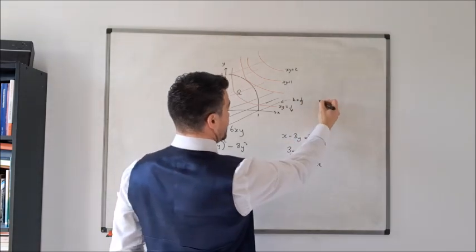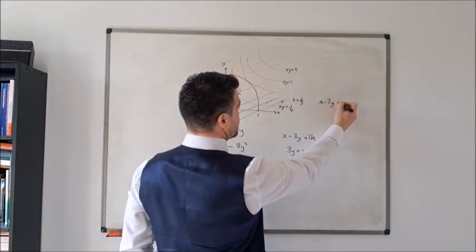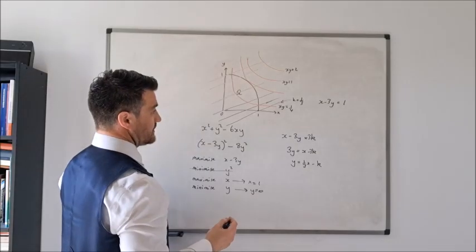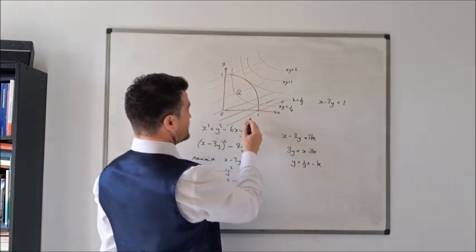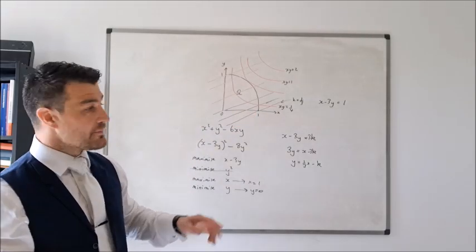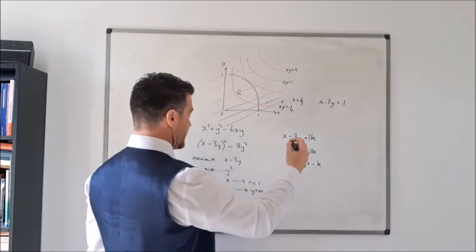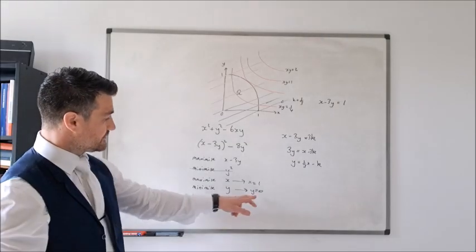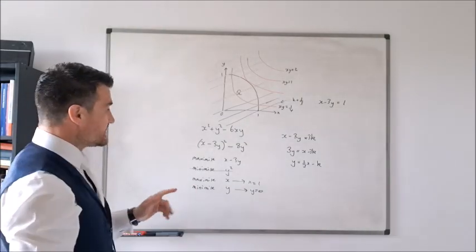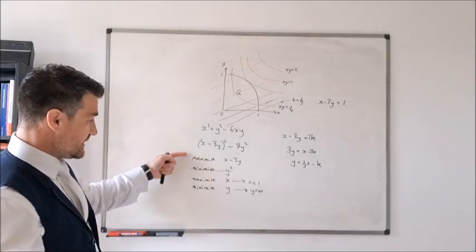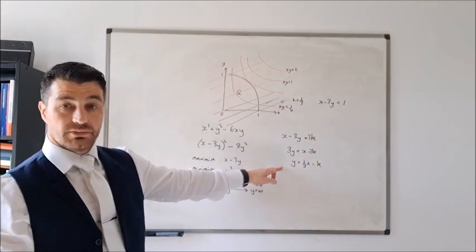So that means that x minus 3y is going to be equal to 1. And the only point of intersection of that line with Q is when x equals 1 and y equals 0, which is what I got here. Okay, so that's one way that you can go about this, a purely algebraic way or a geometrical way.